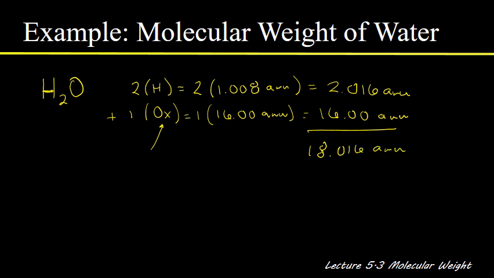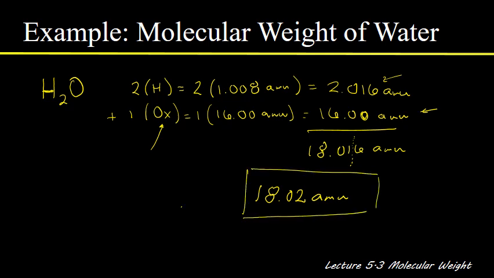And if we apply our rules for significant figures, this number here goes out to the 100th place. This number here goes out to the 1000th place. So we should round this off after the 100th place here. So we would report this as 18.02 atomic mass units. And so again, if you had a whole bunch of water molecules, that would be the average weight of each of the molecules.